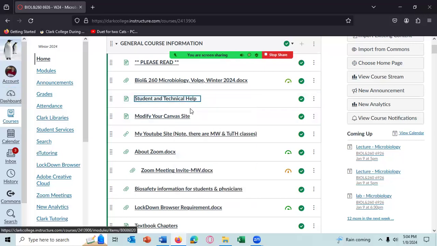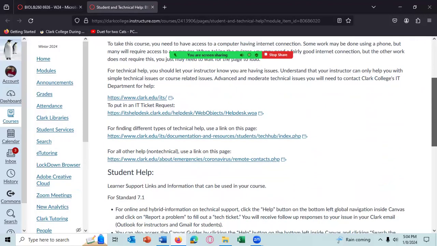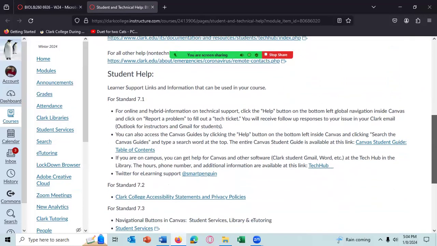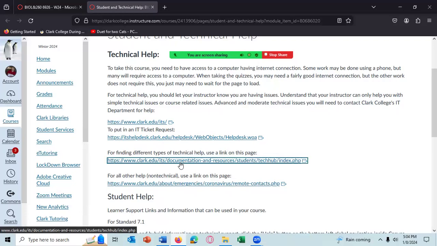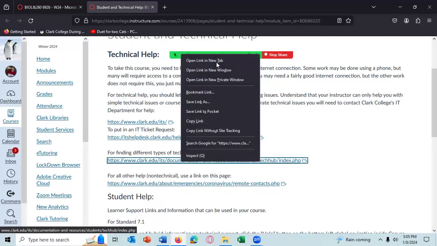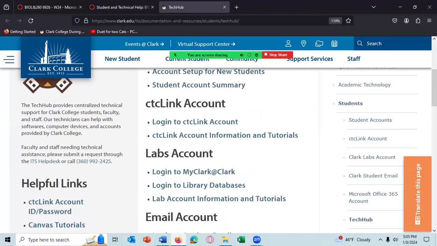If you have trouble with the Canvas website or the lockdown browser, you should go to the ITS department and either put in a ticket or go to the tech hub and tell them what your problem is, and they can help you.